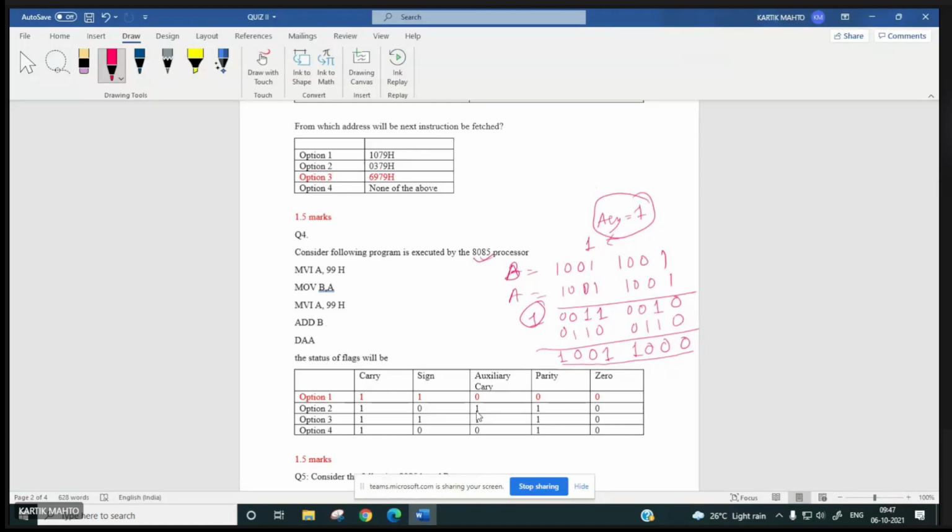Sign flag is 1, okay. Carry flag is generated, of course. What about parity flag? 3 ones are there in accumulator, so it will be 0. Zero flag will be 0. Auxiliary carry has changed to 0, right, it is after DA.